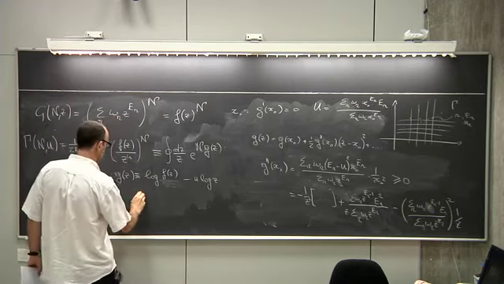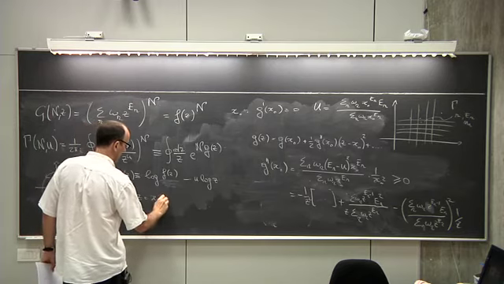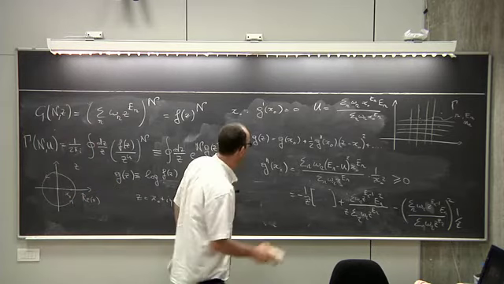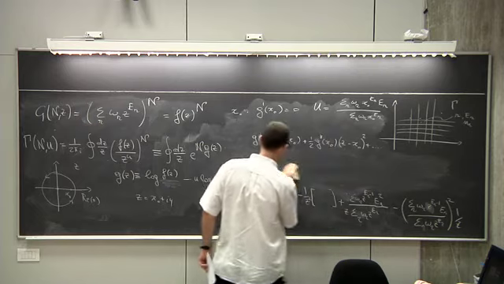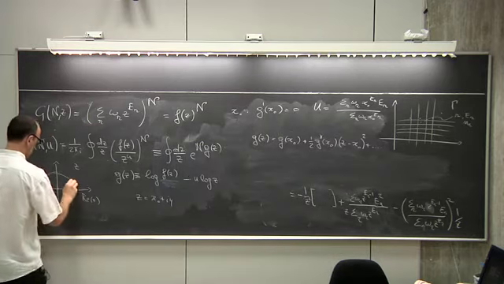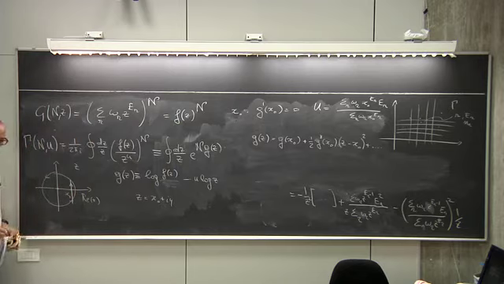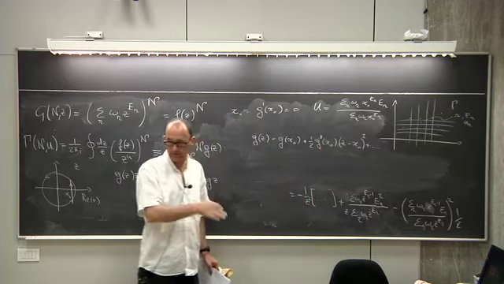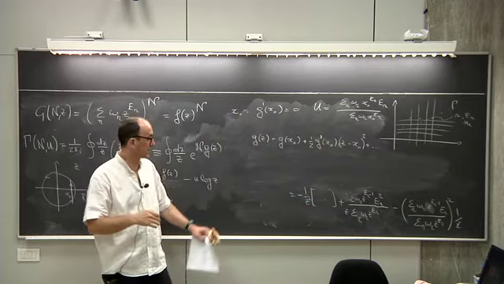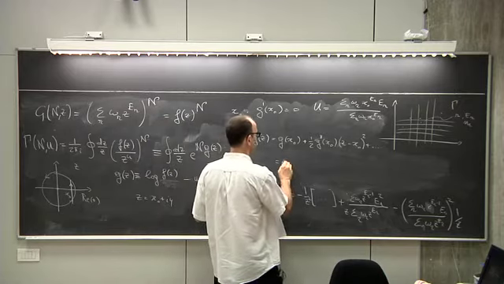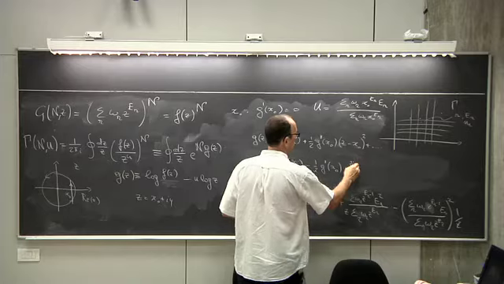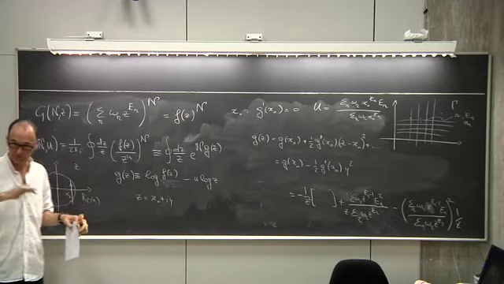But now if I put z equal to x naught plus iy, so I move along this direction, then this term will be negative. So with respect to y, this will be g of x naught minus 1/2 g double prime of x naught times y squared. So it will be a maximum.